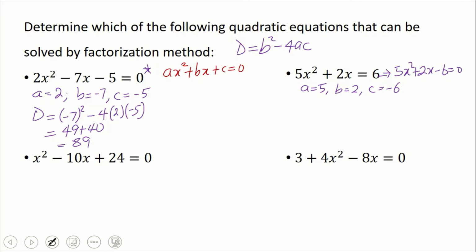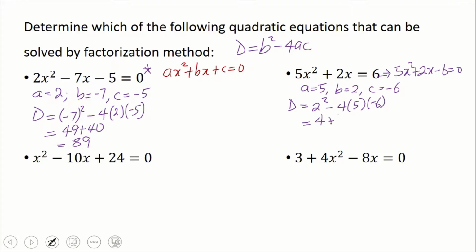Again, solving for the discriminant d, d will be 2 raised to power 2, that is b squared, minus 4 times a, which is 5, times c, which is minus 6. 2 squared is 4, because 2 times 2 is 4. Now 4 times 5 is 20. Multiply 20 by minus 6, that is minus 120.